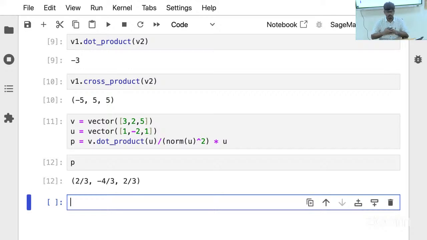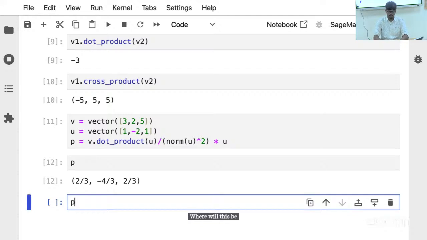What did I do now? I just generated one new vector like this, which is the dot product of U and V, divided by the norm of U squared, and then times U. Where will this be?